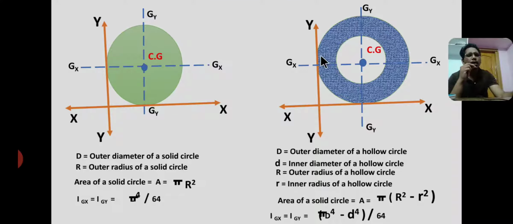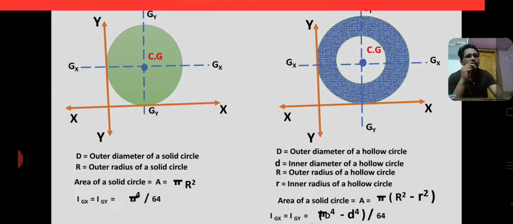Similarly, for a hollow circle, the outer diameter of a hollow circle equals capital D, and the inner diameter of the hollow circle is small d, and capital R is the outer radius, small r is the inner radius. So, the area of a hollow circle, A, equals pi of outer radius square minus inner radius square, and IGX, IGY are both equal because it is symmetric about the GX and GY axes.